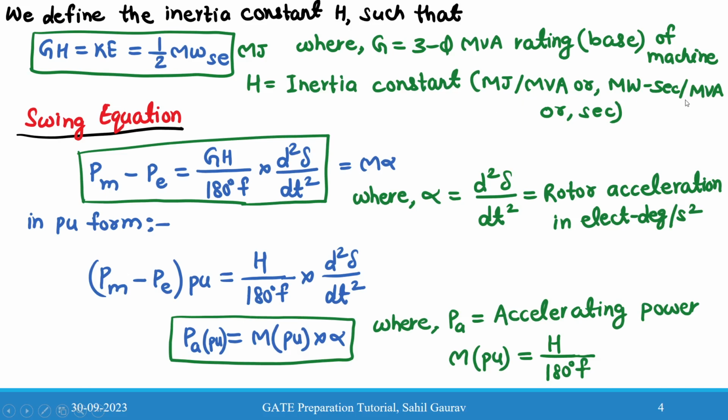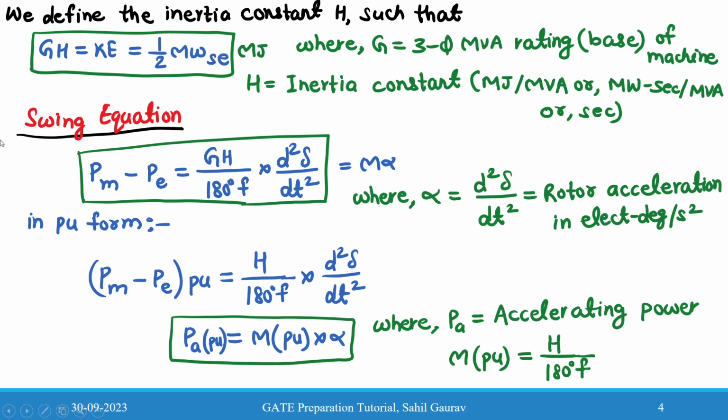So there are different ways to write the units for inertia constant. You can use any one of them, and we can also see in the options that they may write it in megajoule per MVA or megawatt second per MVA, or simply just use the second.